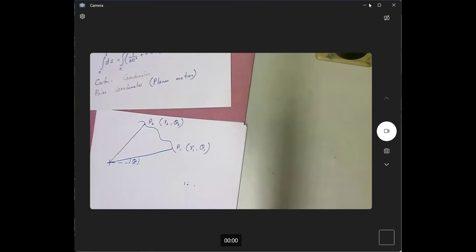So have you done polar coordinates? You should. Is there anything that you cannot remember or any difficulty?